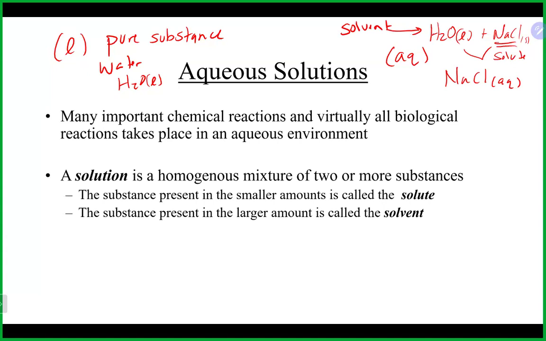The easy way to know which one's the solute versus the solvent is that the name of the solution is what the solute typically is. So if you have a sodium chloride solution, sodium chloride is your solute. If you have a potassium chloride solution, that is your solute, and so forth. So really the name of the solution is typically the solute.